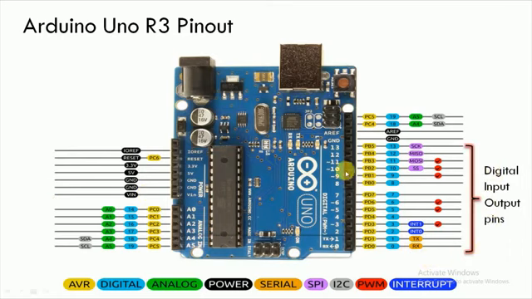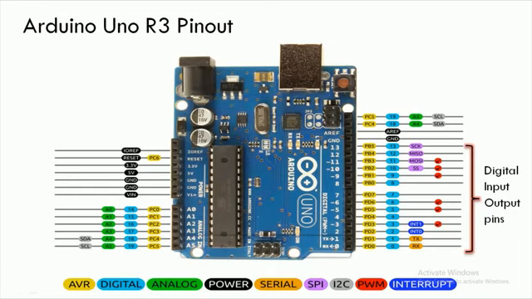And we have got 14 digital input output pins which are 0 to 13. 0 and 1 are for special purpose for receiving and transmitting the serial data. Pin number 3, 5, 6, 9, 10 and 11 are PWM pins which are used for controlling the servo.